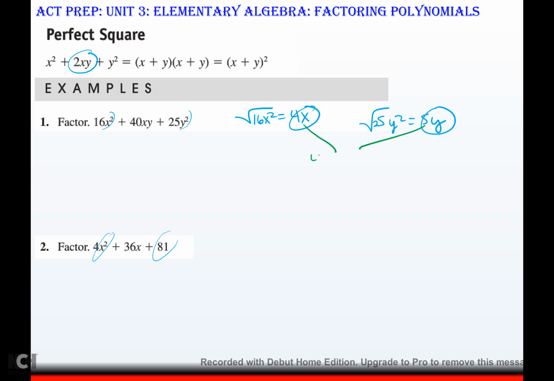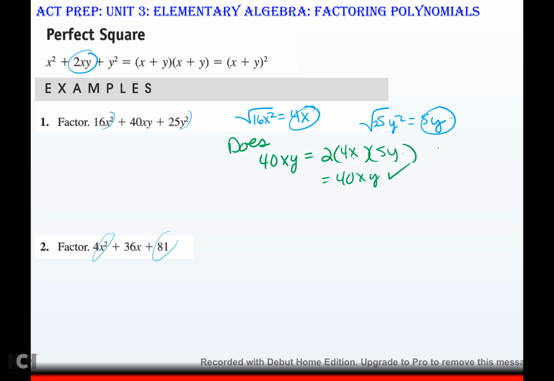Here's how you check the second thing: does the middle, 40xy, equal 2 times 4x times 5y? 8x times 5y would be 40xy. So yes, it matches, which means it's perfect.